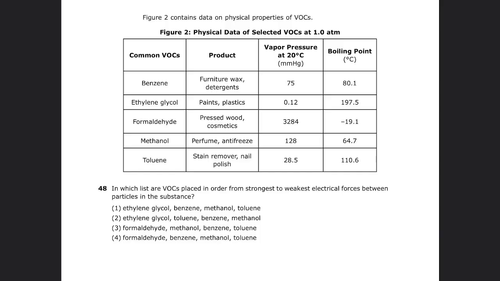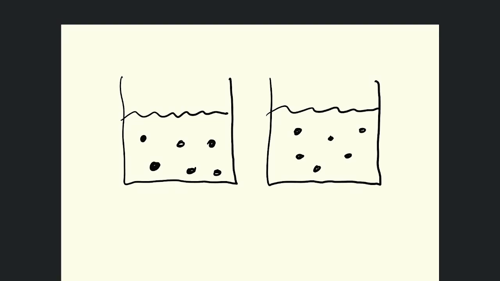To do this, we need to understand the relationship between electrical forces, or maybe you recognize them as intermolecular forces, vapor pressure, and boiling point. I have 2 hypothetical scenarios here. Scenario 1 is going to have very strong forces, which I'm going to indicate by a thicker line.